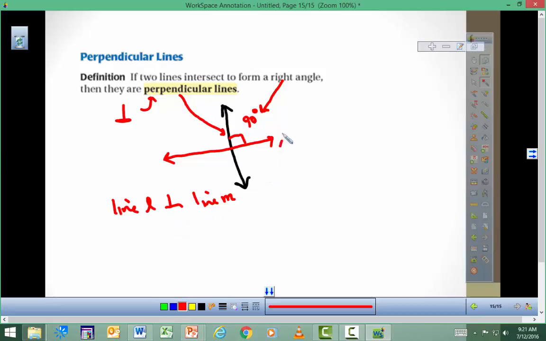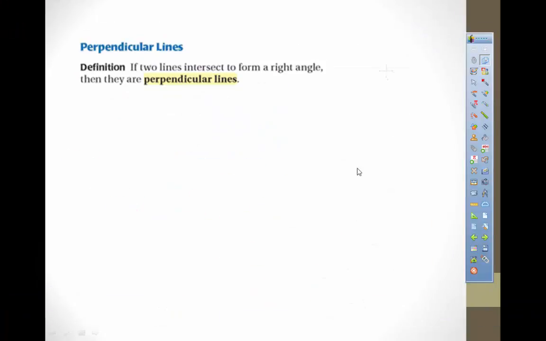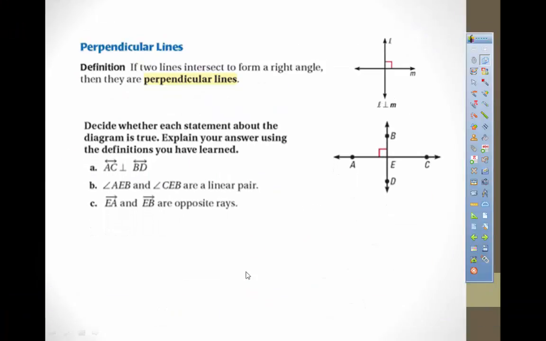So this might be line L, and this might be line M. And so that's how we write the statement. Okay, we'll just use this symbol right here. Okay, let's go back. And here's a picture.